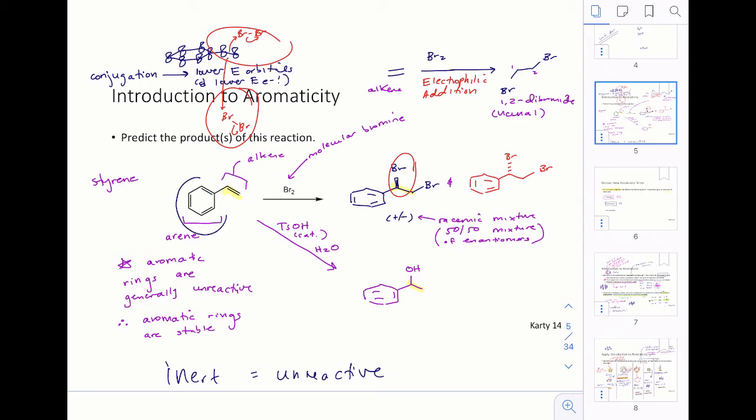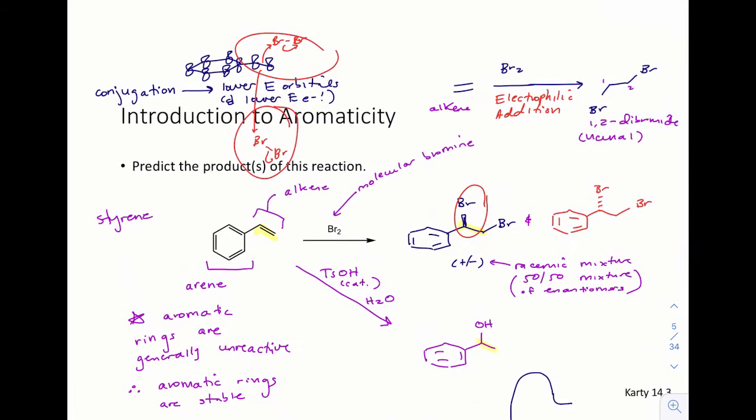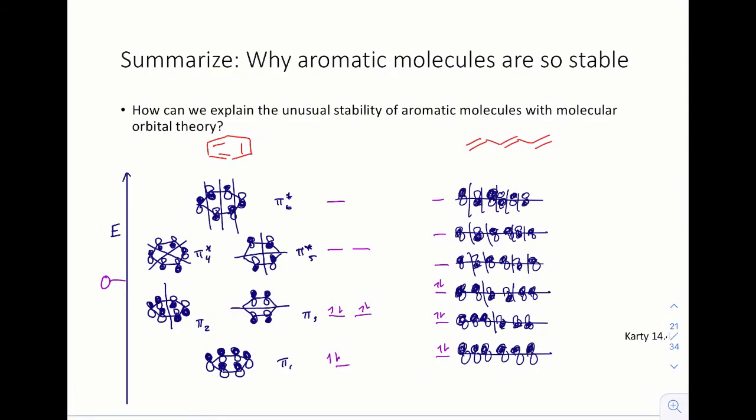If the benzene ring reacted, it would no longer be aromatic, and those electrons would no longer have that special stability. We will learn reactions of benzene this semester, but it will require conditions to push the molecule uphill in energy and disrupt the aromaticity. To summarize what we've learned from molecular orbital theory, having the cyclic arrangement of the 6 p orbitals results in 1 very low energy orbital with 0 nodes, and then 2 degenerate orbitals with 1 node.